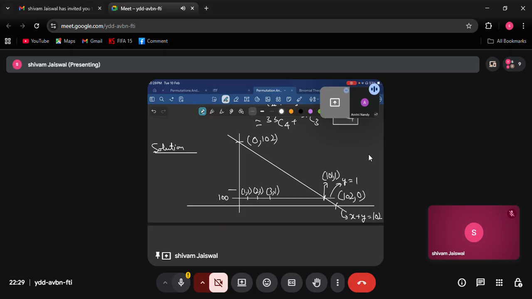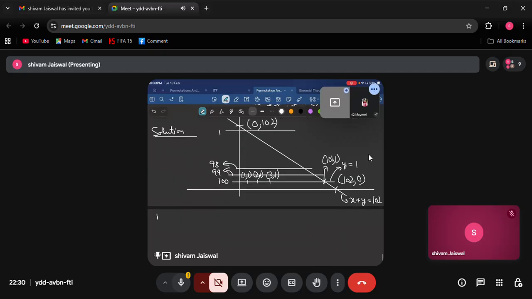Next, let us take another line, y equal to 2. In this line, how many points will lie? 99. Then in this line, 98. Dot dot dot. It will go up to only 1.